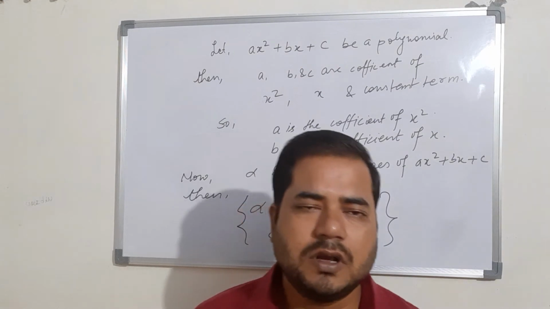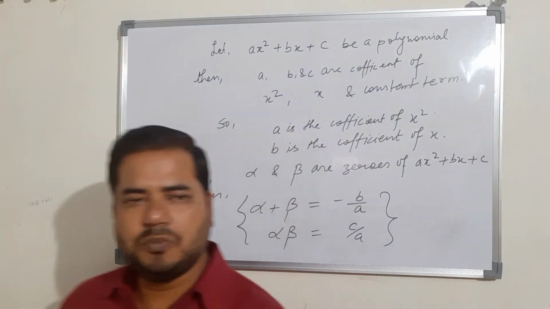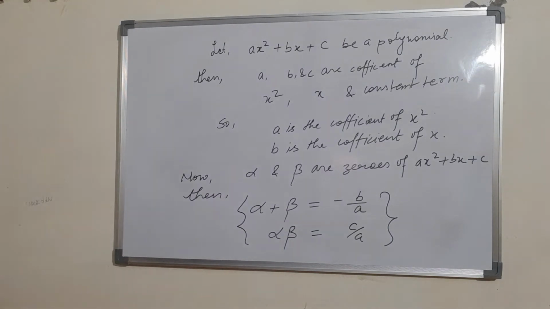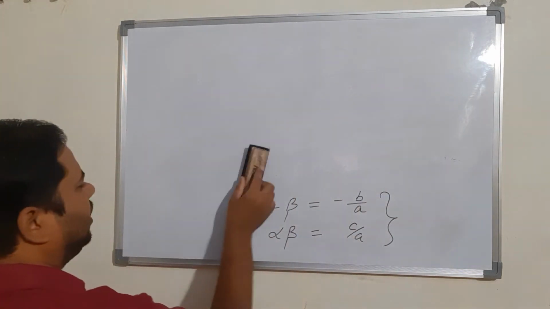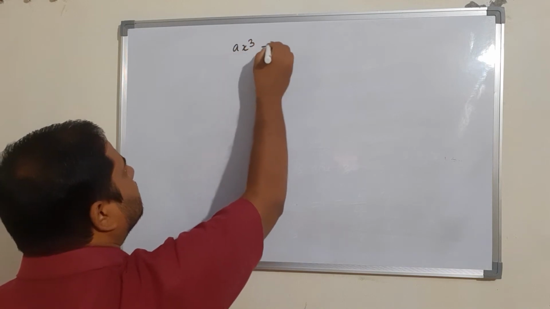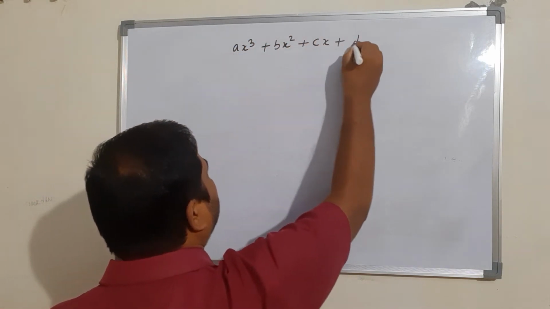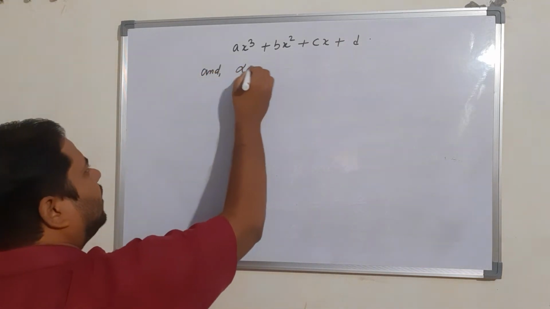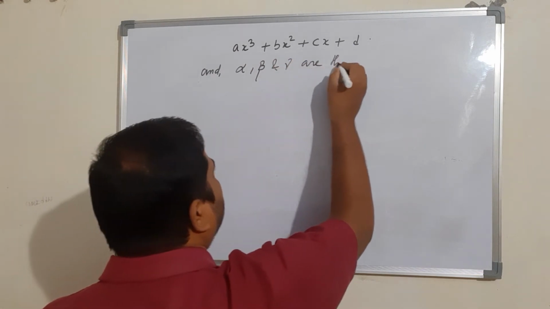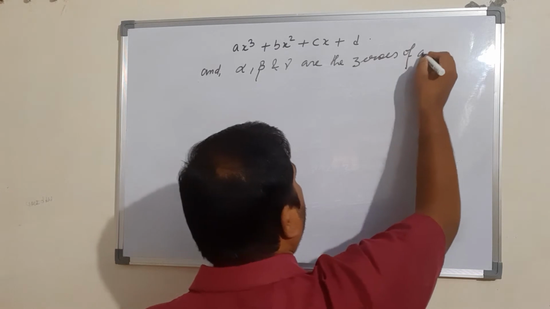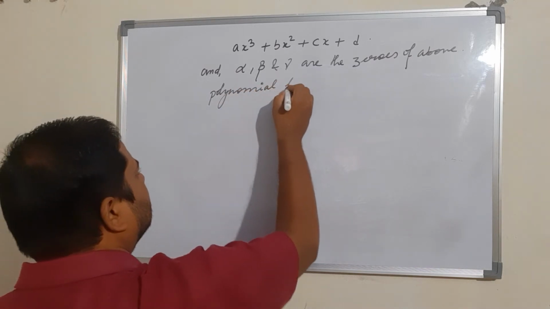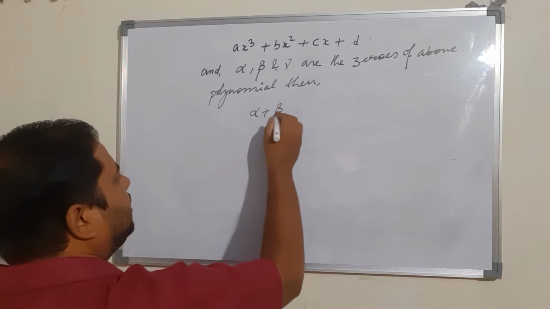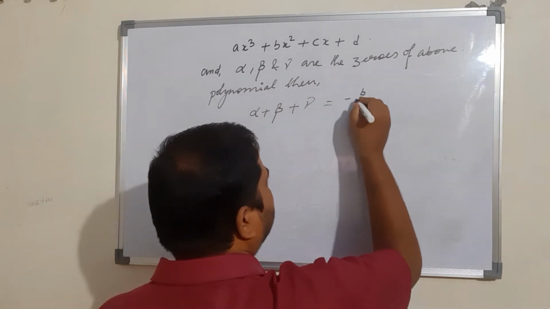Okay. Now for the cubic polynomial, suppose we are given a cubic polynomial ax cube plus bx square plus cx plus d, and alpha, beta and gamma are the zeros of the above polynomial, then alpha plus beta plus gamma is minus b by a.